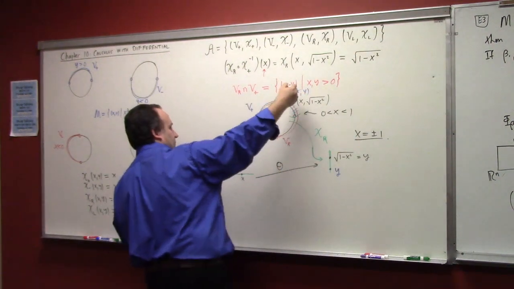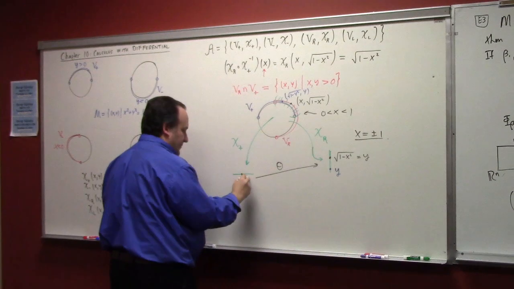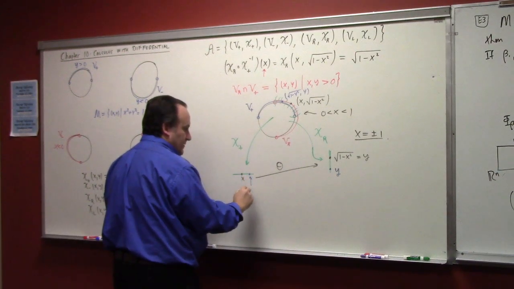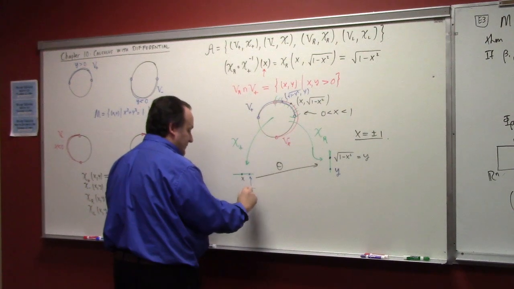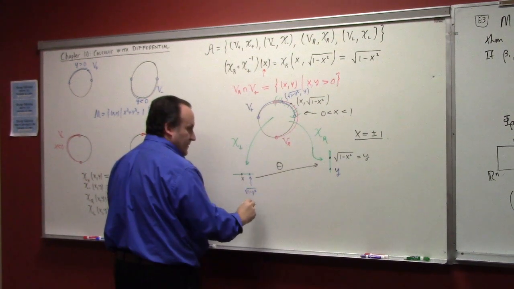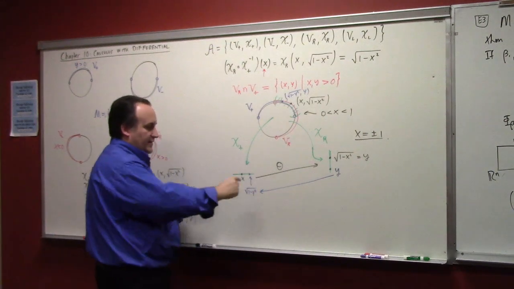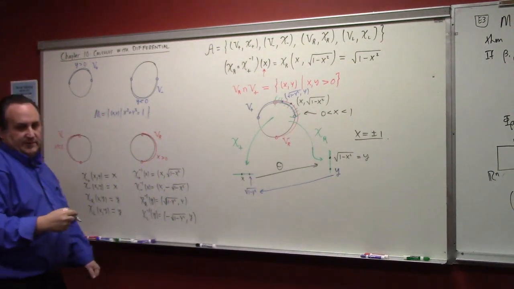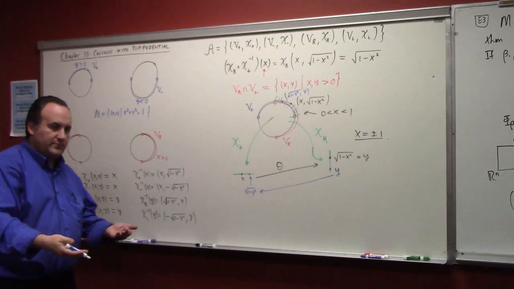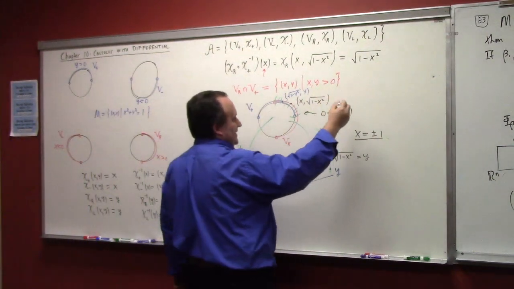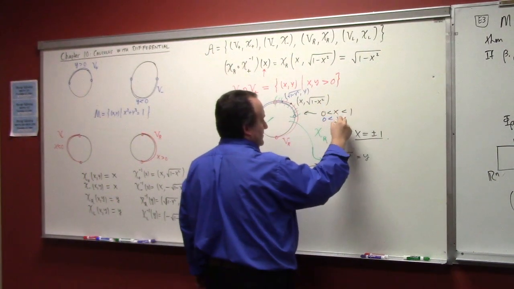And then that will map back down here to the square root of 1 minus y squared. So going the other way, y maps to the square root of 1 minus y squared, which is okay because we have 0 less than y less than 1.